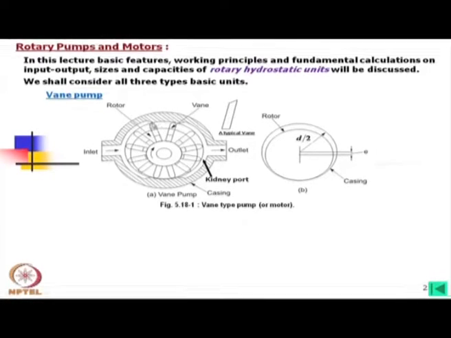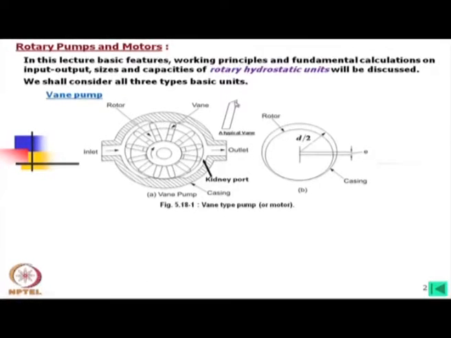Although here the tips are shown circular, it is never done with such circular tips, rather the tips are of this edge. This is almost 90 degrees. It is not correctly drawn, but it is 90 degrees.